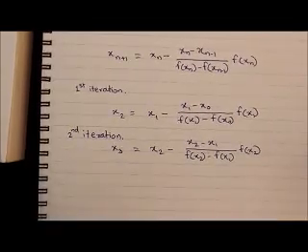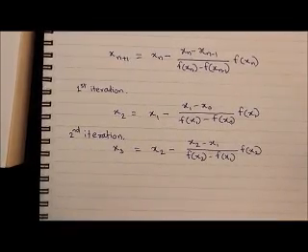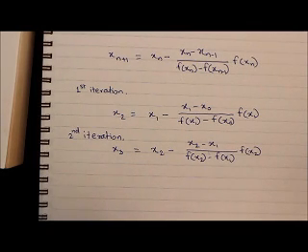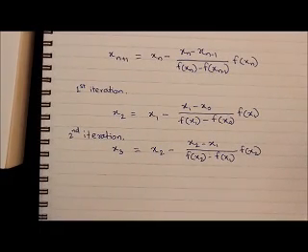Here one added advantage is that we don't need to keep calculating and deciding what our next bracket is going to be. In the last method we used to choose one part of the bracket and ignore the other one.